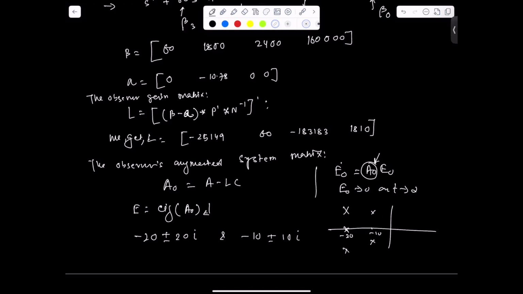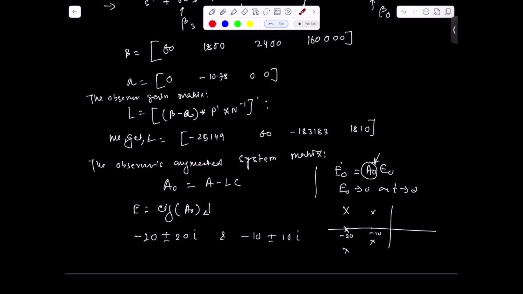So these are the eigenvalue locations, and all eigenvalues are on the left-hand side. So the system is stable, so e is going to 0. All states are estimated to design the state feedback control. So we can easily find the control algorithm for the regulator.